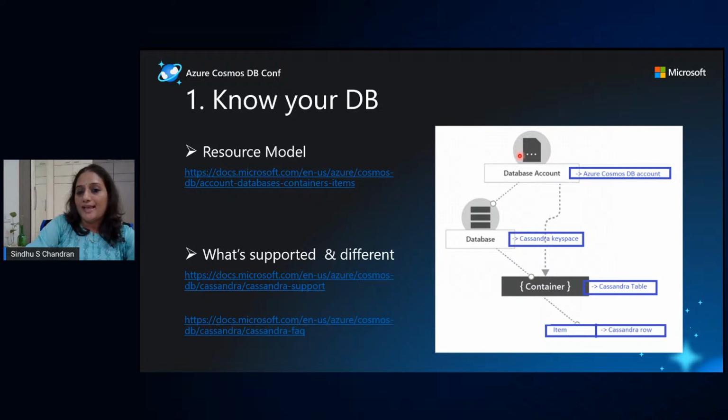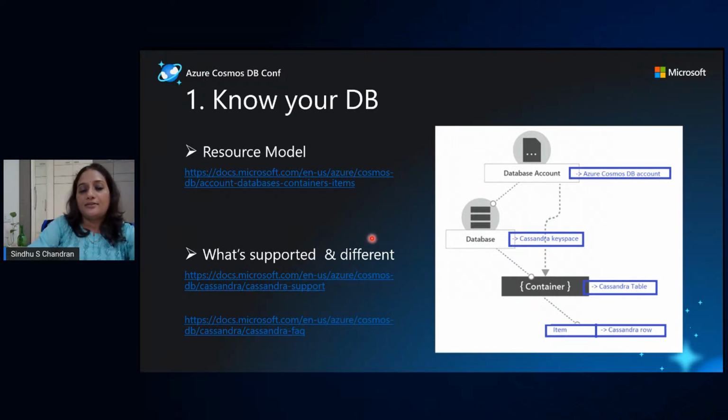So you create this for Cassandra, and the database here that you create maps to the Cassandra keyspace. Within the database, you can add multiple containers, and container is the term which maps to Cassandra table. And the items here map to Cassandra rows. So this is the first important part to understand.